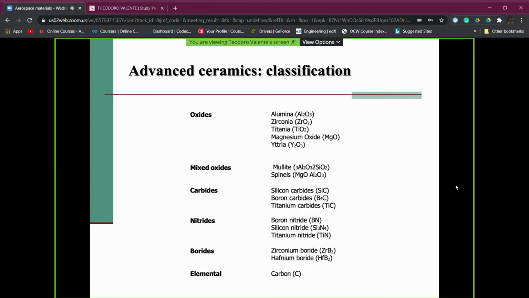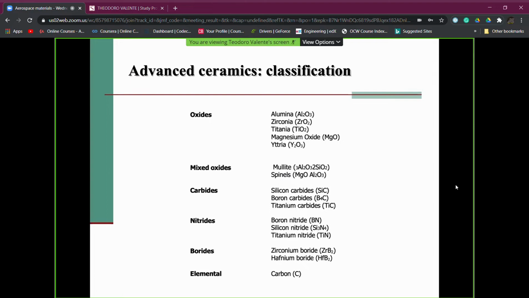So oxide ceramics, advanced ceramics, belong to that class in which the non-metallic element is oxygen. We can have mixed oxides also, in which we do have not only one metallic element and oxygen, but, for example, a couple of metallic elements and oxygen.